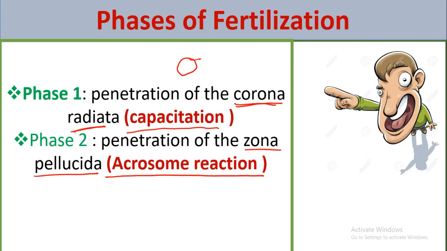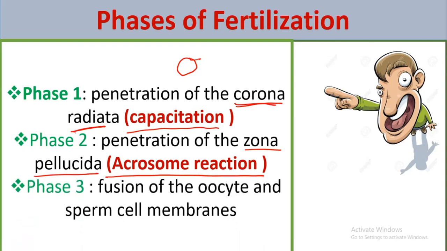For this to happen, an acrosomal reaction has to take place. Then there will be fusion of the oocyte and sperm cell membrane. So what am I trying to say? First, penetration of the corona radiata, then penetration of the zona pellucida, then the fusion of the oocyte and the sperm.